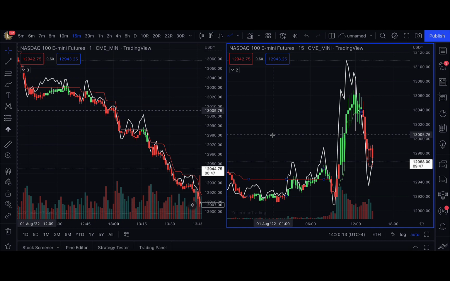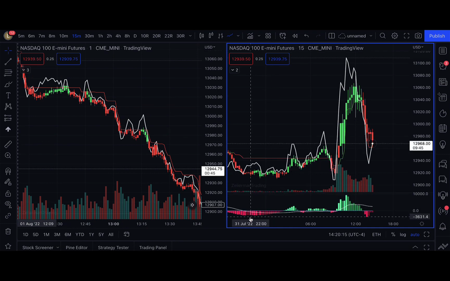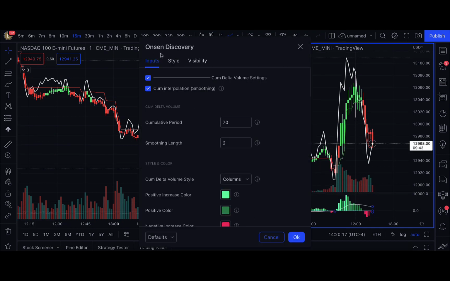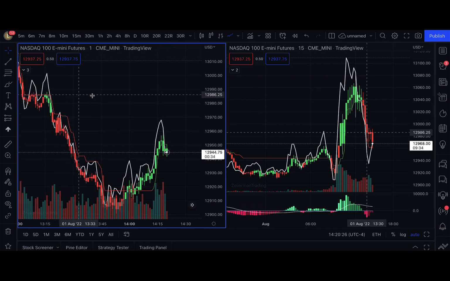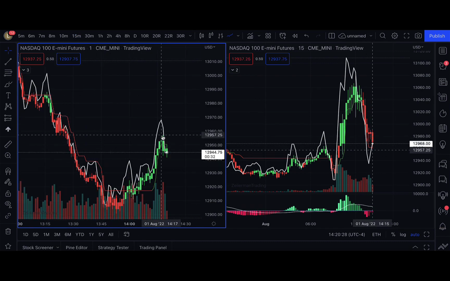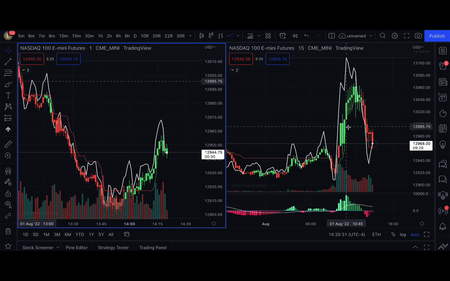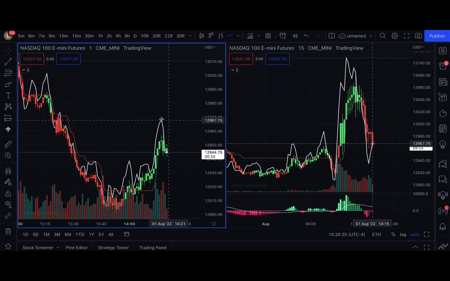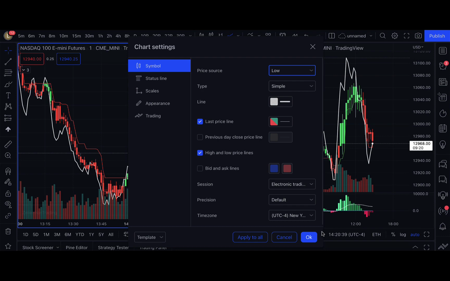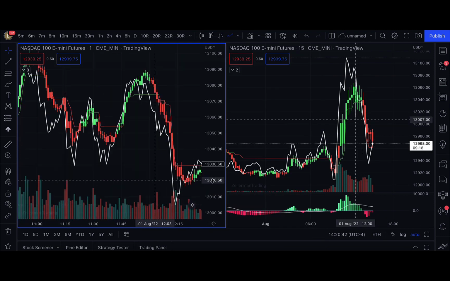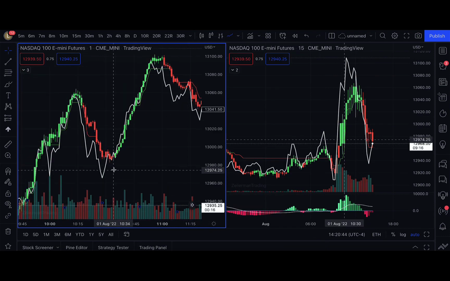Something that can help you with your emotions is if you add on the Onsen Discovery, and I just have it on default. If the Onsen Discovery is red and the candle's red, then you're just looking short on the 1 minute. If the Onsen Discovery is green and the candles are green, you're just looking long on the 1 minute. And if you're looking long on the 1 minute, just change this to low, so that way you can easily see all of the lows.